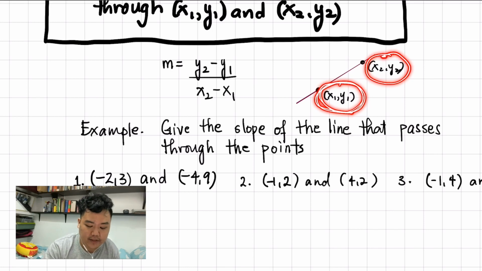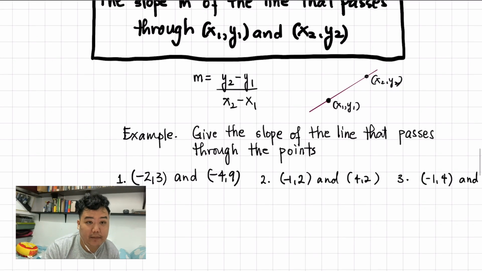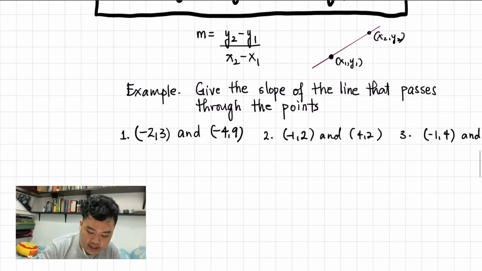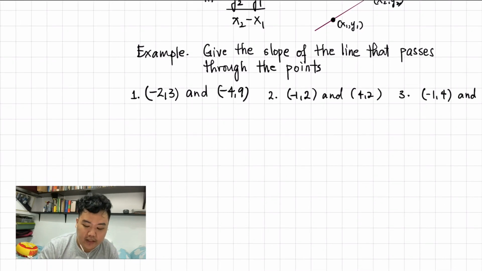It doesn't matter. Any of the 2 points can be (x1, y1) and the other is (x2, y2). So the slope is y2 minus y1, that is the numerator, all over x2 minus x1. This represents the rise divided by the run.